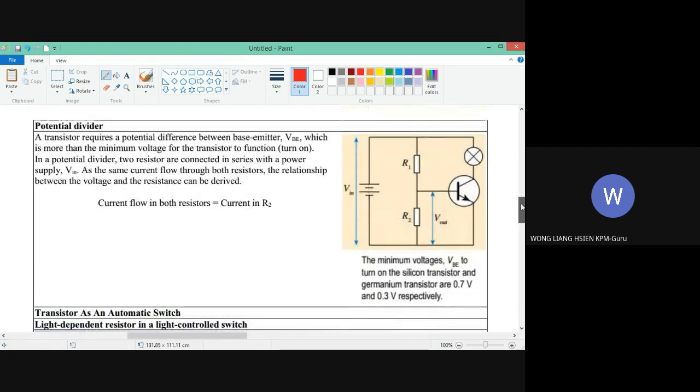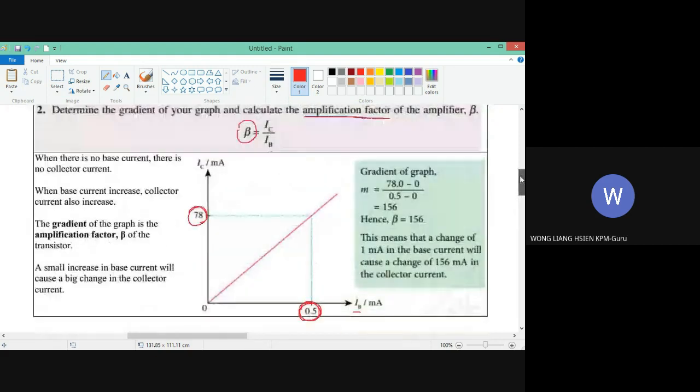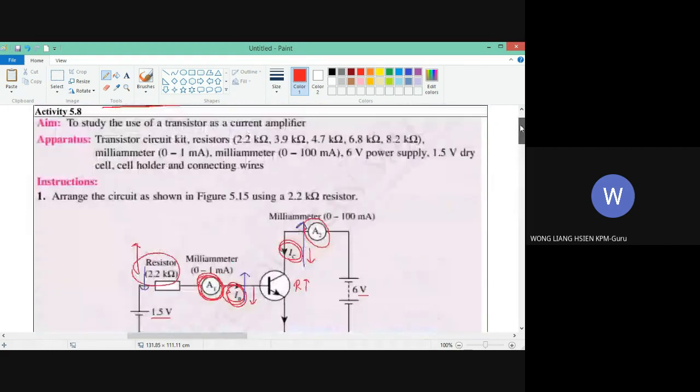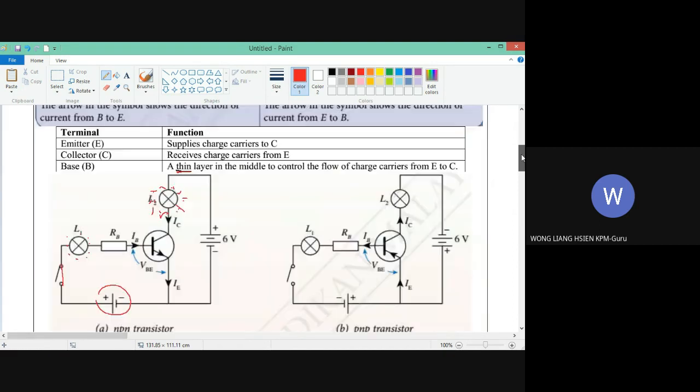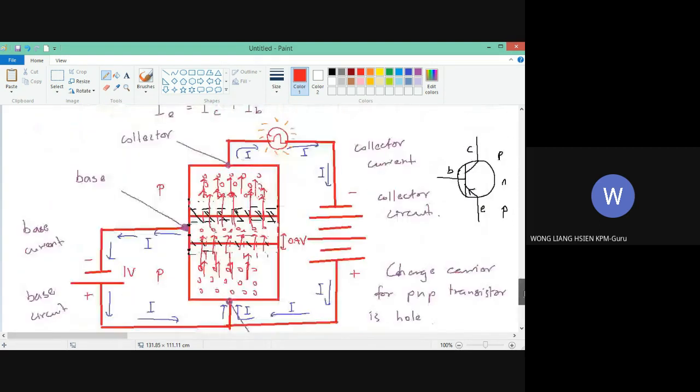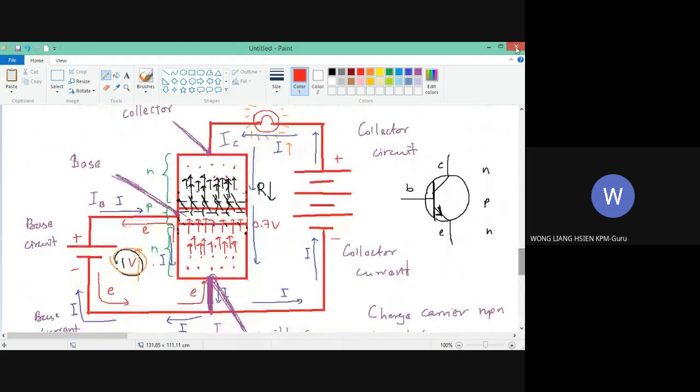Okay, you see here, look at the transistor circuit. You see the transistor can only be turned on if there is a power source here, right?